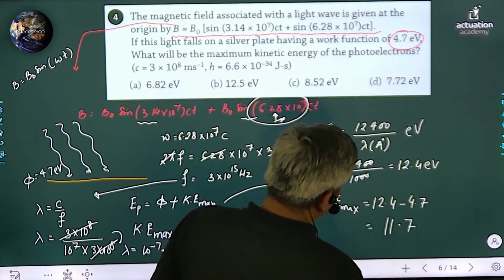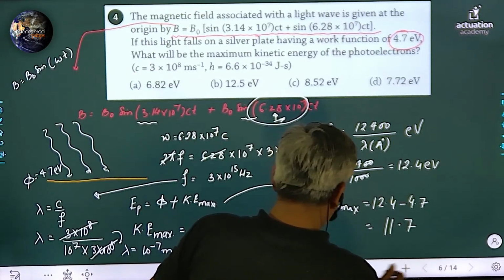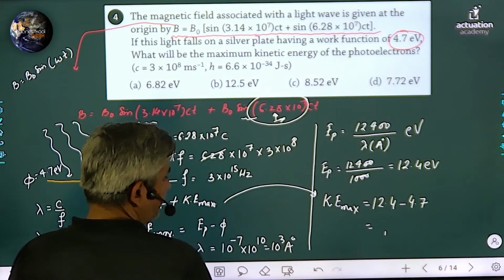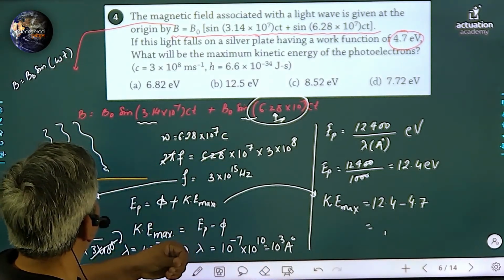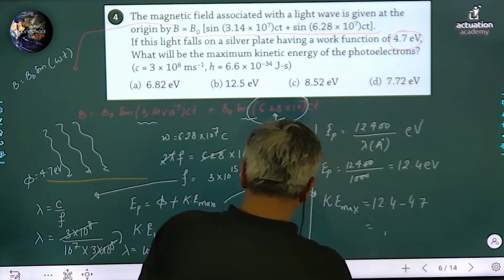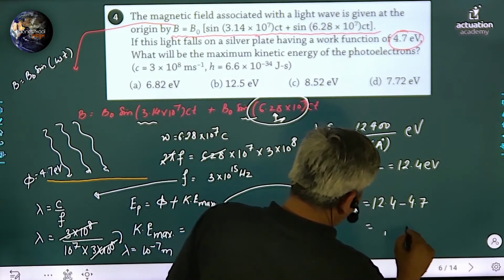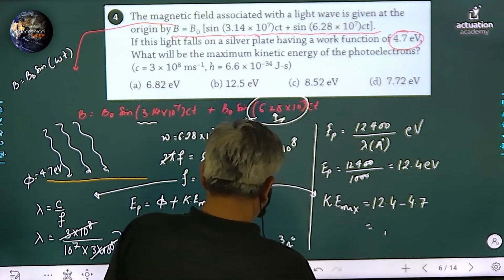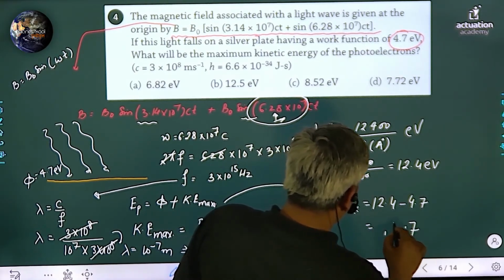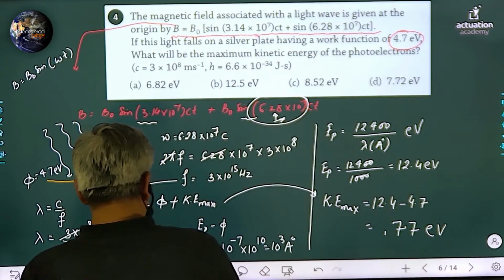This will give us 7.7 electron volt, sorry, 7.7 electron volt.